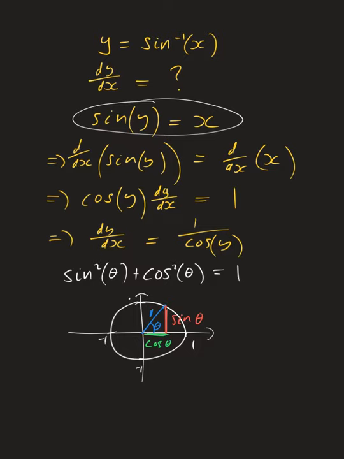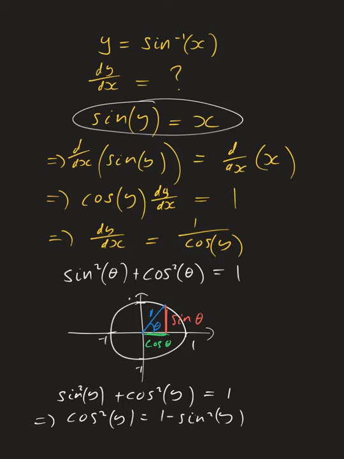So let's apply that specifically for cosine of y. Sine squared of y plus cosine squared of y is equal to 1. So that implies that cosine squared of y is equal to 1 minus sine squared of y.